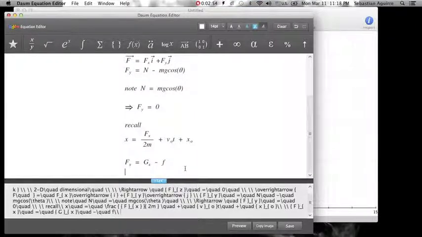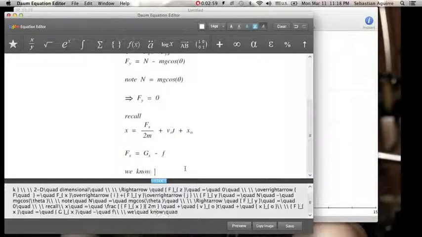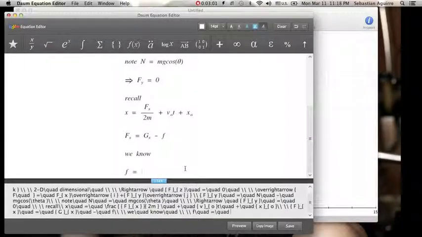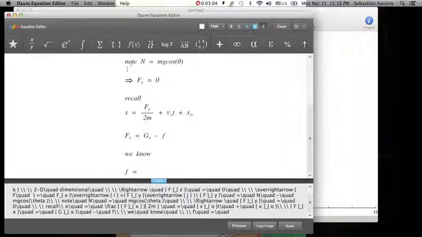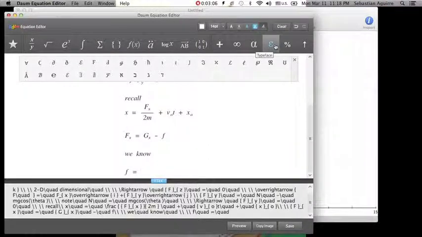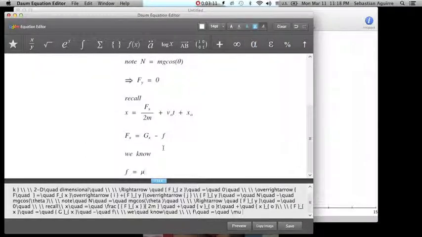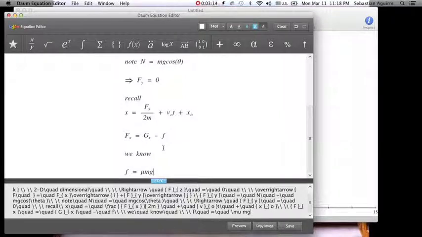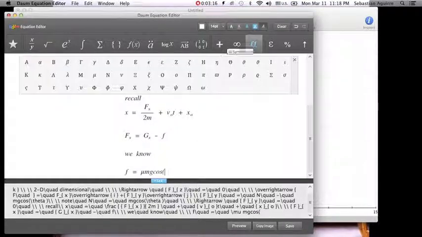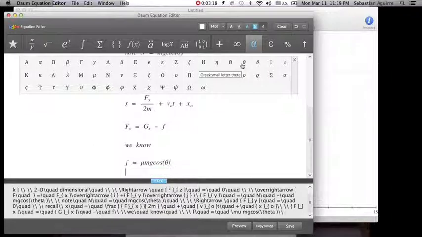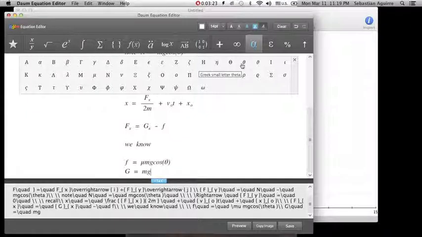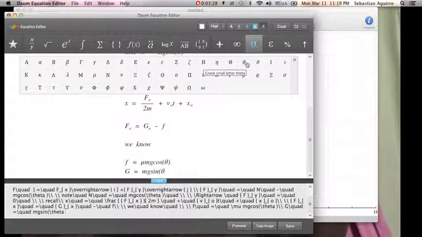And substituting what we know, the frictional force is equal to a coefficient of friction, mu, times mg cosine theta from physics 1. And we know that the gravitational force along the incline is simply mg sine theta from the diagram.